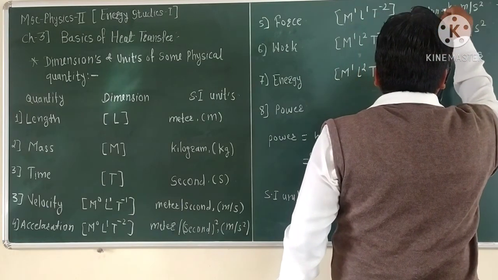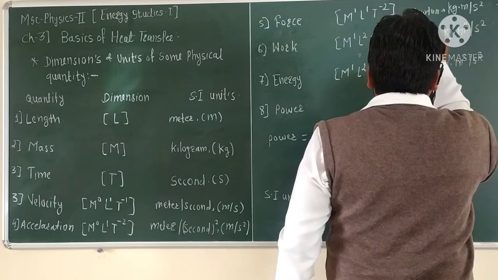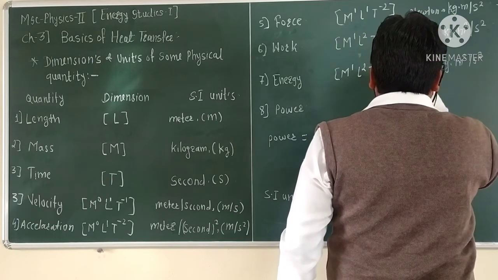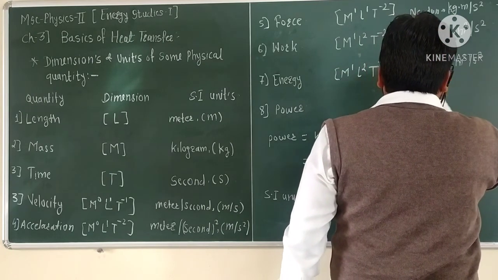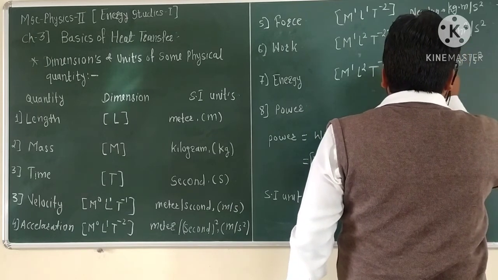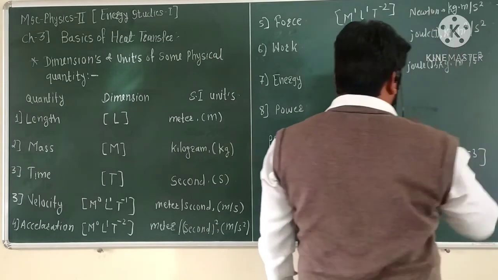The unit of work and energy is the joule, and its symbol is the capital J.